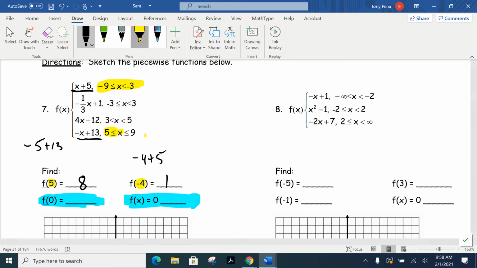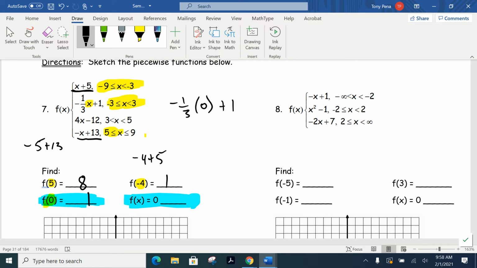All right, and what we should find, the 0 fits in this window. So you're going to take a 0, plug it in right there. So we would have negative 1/3, multiply the x as a 0, add a 1. So this is all just one big fat 0 plus a 1. So that should also give you a value of 1.